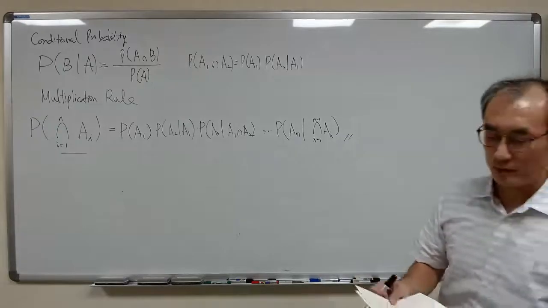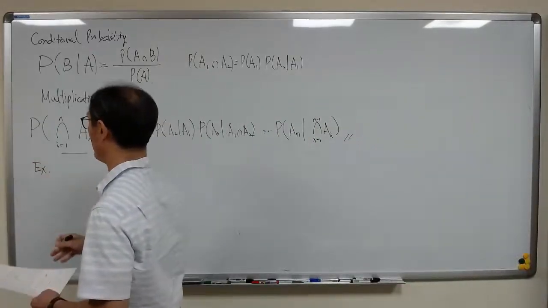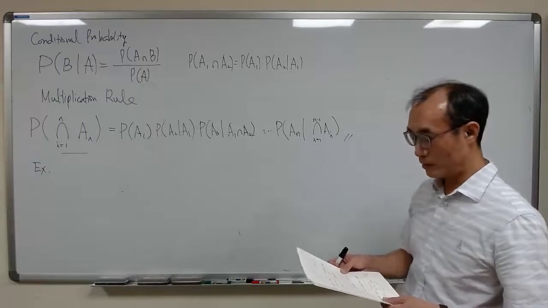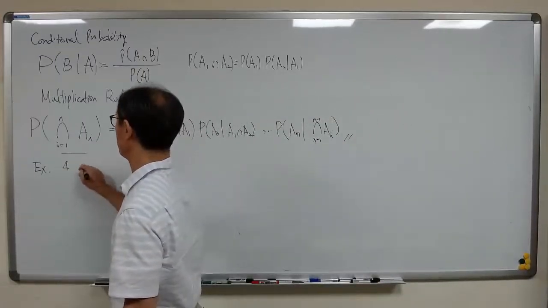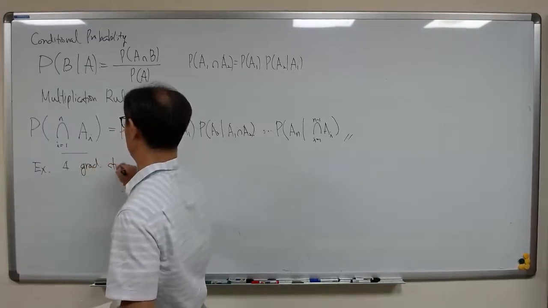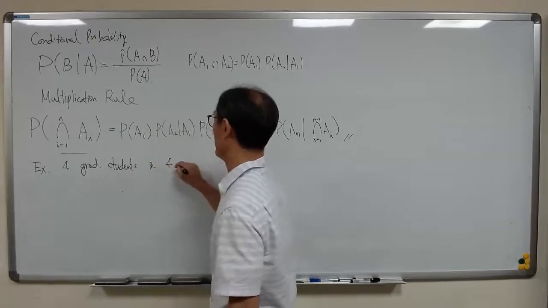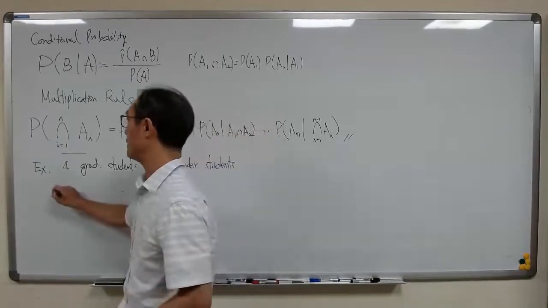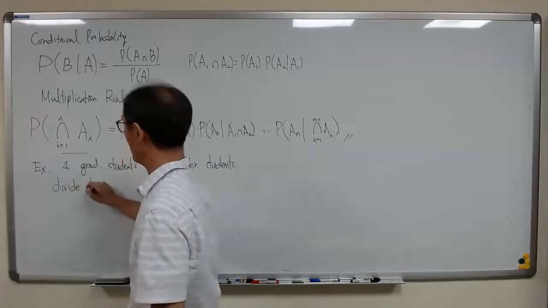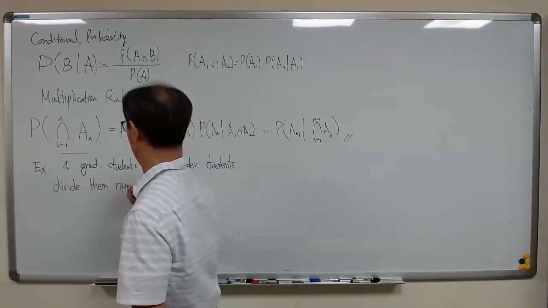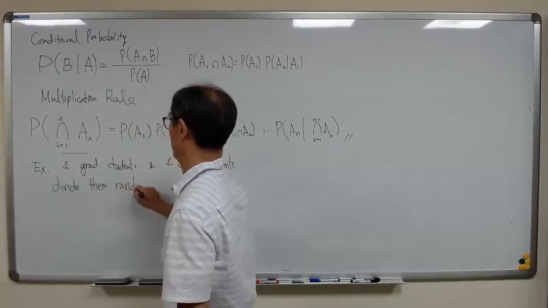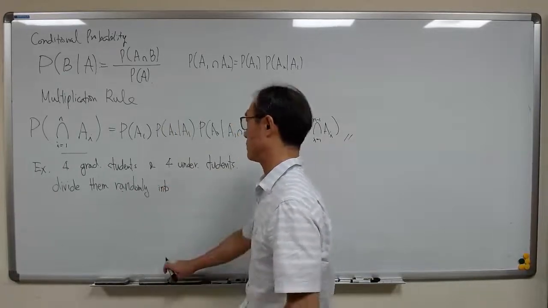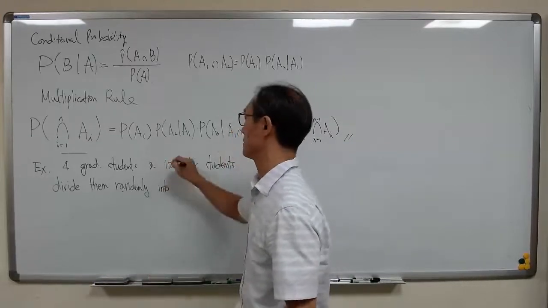Now let's take a look at an example to find the probability of this kind of intersection of events using the multiplication rule. Suppose we have 4 graduate students and, I'm sorry, 12 undergraduate students.